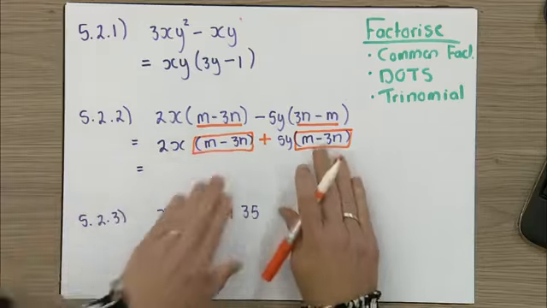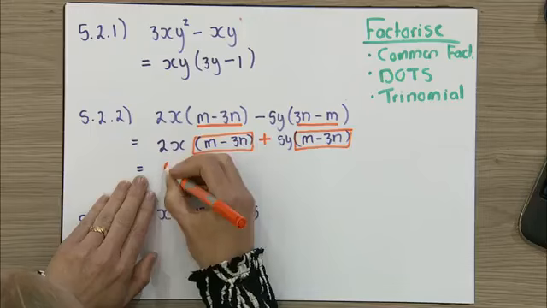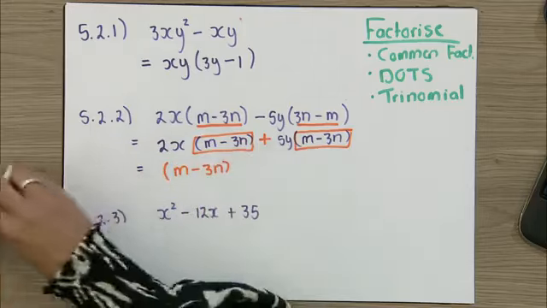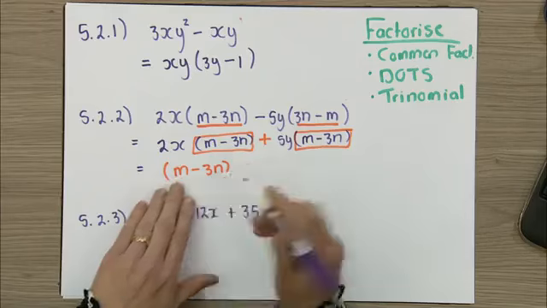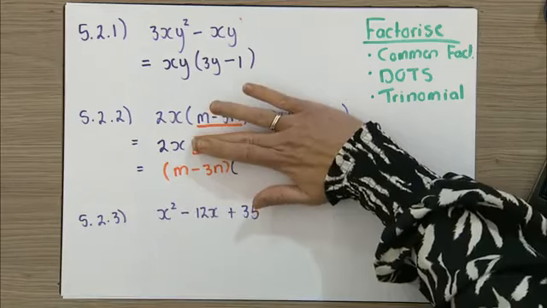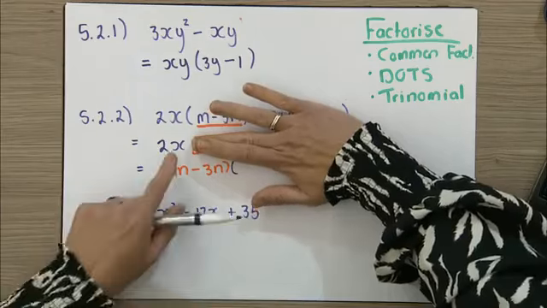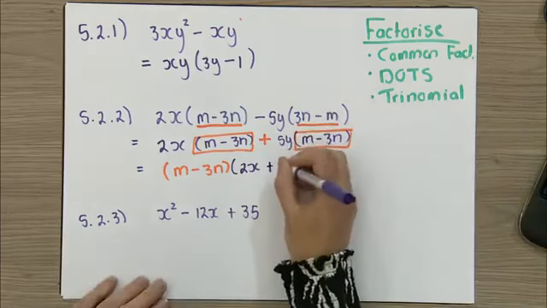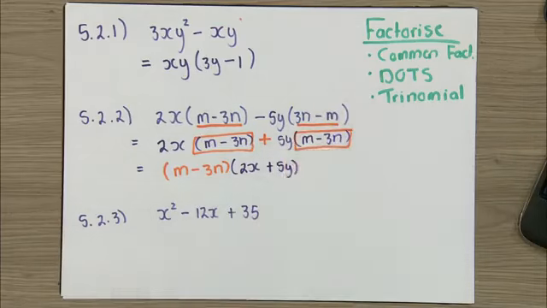So I'm going to take out the bracket m minus 3n as my common factor. Bracket open for what's left. If I take it away from the first term, what do we have left? 2x. If I take out m minus 3n from the second term, what do we have left? Plus 5y. And there I go, I'm done.